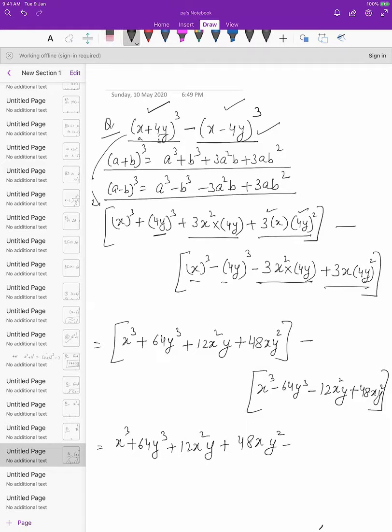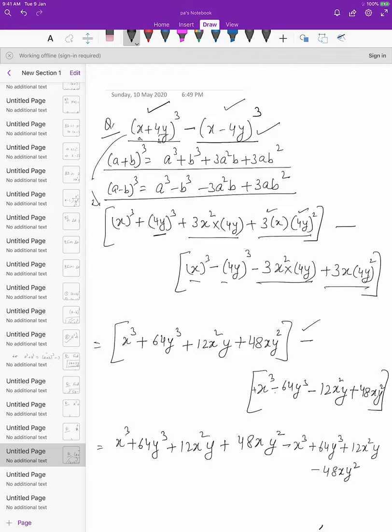Now minus, when I open out the second bracket, because there's a minus sign outside the bracket, all the signs inside the bracket will get changed while opening the bracket. This is plus x cube, it will become minus x cube. Minus 64y cube will become plus 64y cube, plus 12x square y, minus 48xy square.